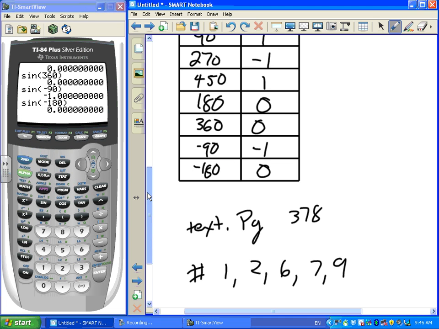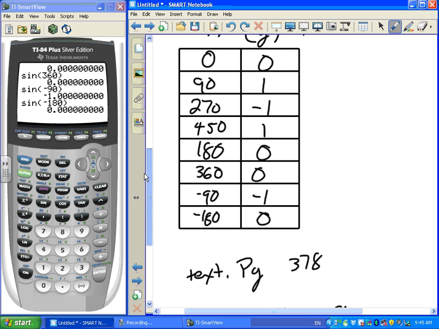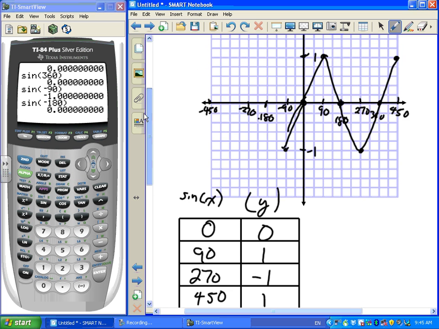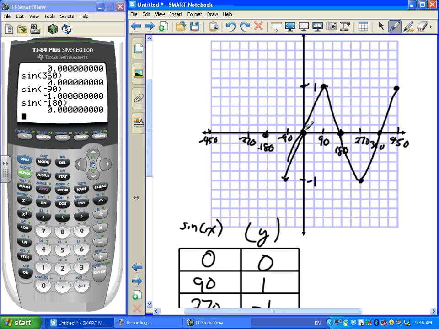Okay. Now I put in some pretty even points. You notice all my y's are either -1, 1, 0. And looking at this wave, I can probably deduce what it's going to look like by just following the pattern. So I've drawn a sine wave. None of this is new to you.